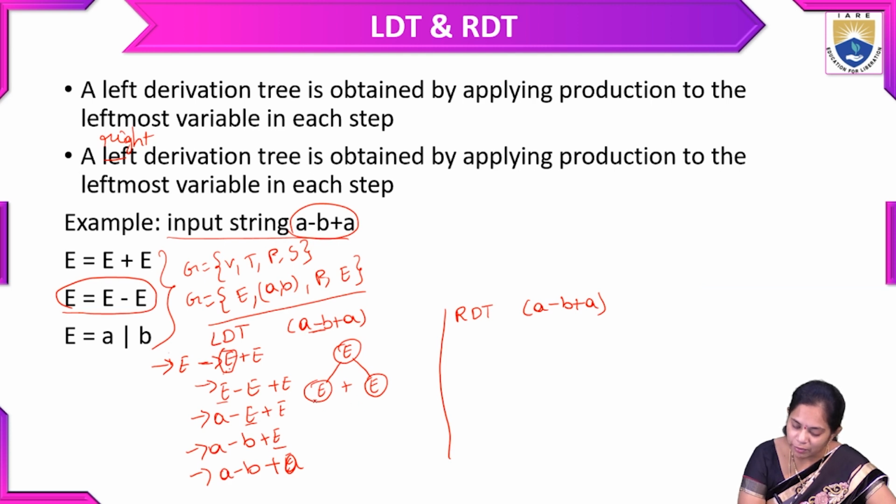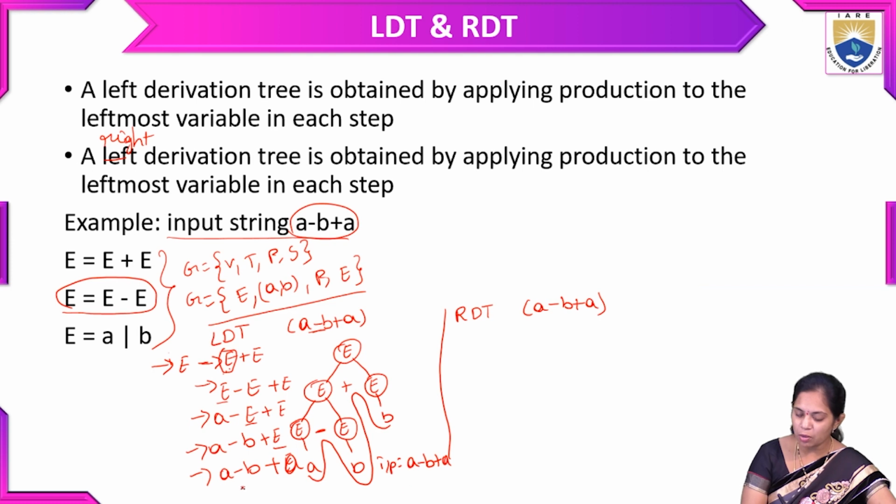After this, we take the minus symbol from the input string, so we require this, and here we write A, B and B. We have to read from here to here. So what is the input string? The input string is A minus B plus A. This is how the leftmost derivation tree is made.